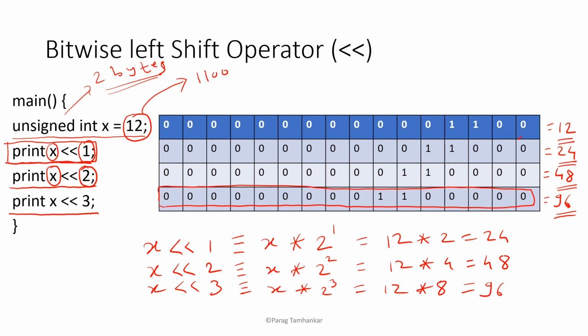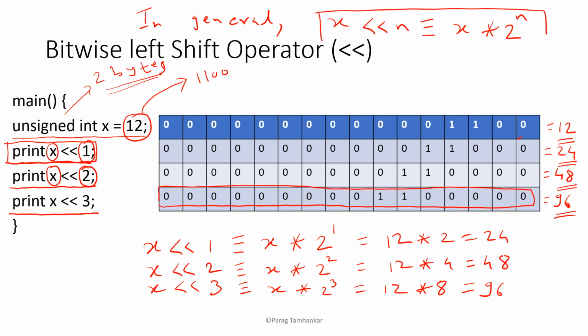So in general, if you take x and left shift it by n positions, then it is equivalent to multiplying x by the nth power of 2.